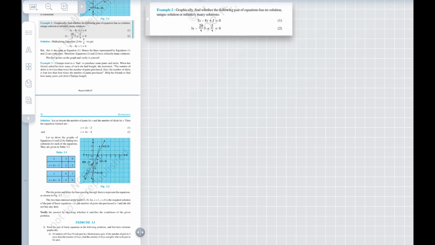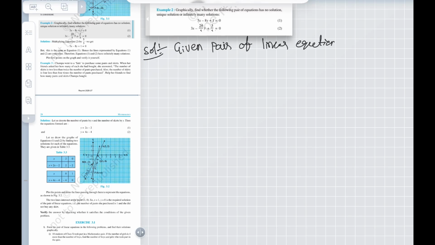Look at example 2. Graphically find whether the following pair of equations has no solution, a unique solution, or infinitely many solutions. So write the given pair of linear equations: 5x minus 8y plus 1 equals 0.